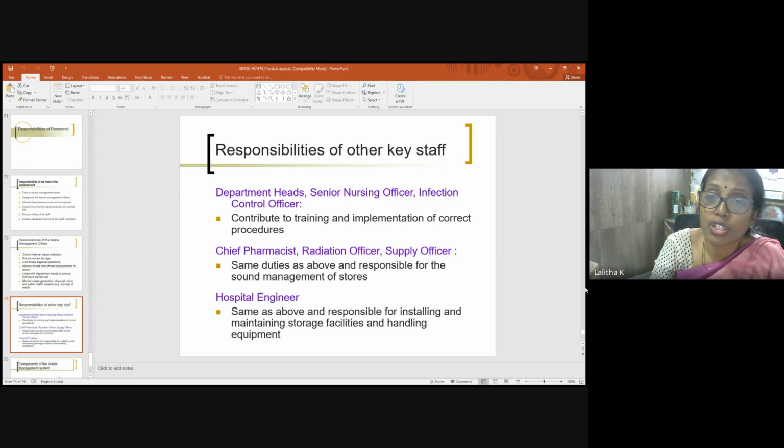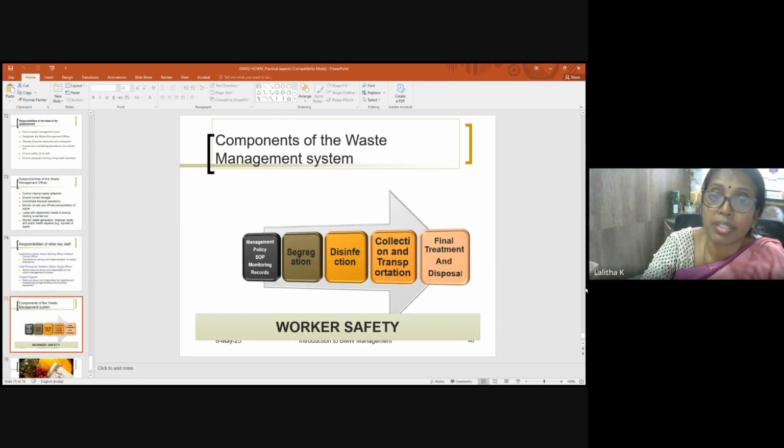Chief pharmacist and radiation officer have to take care especially of radiation and all the drugs. Hospital engineers are responsible to look at the facility, the storage facility, or the autoclave, whether it's functioning and monitored properly. Those are engineering responsibilities. So to summarize again, I'll come to this slide saying that all of these components have to be taken care of, keeping in mind your administrative and legal aspects.